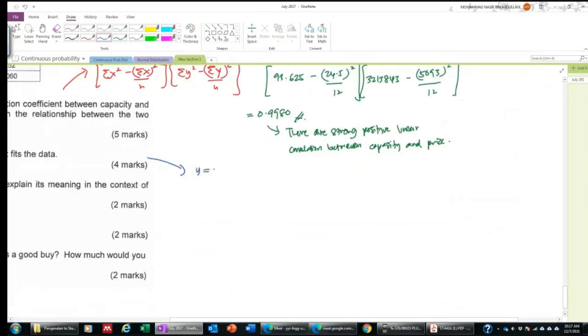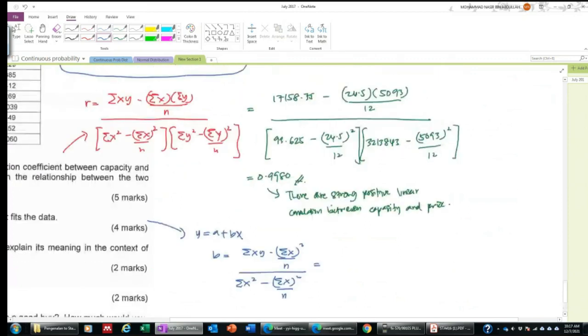So we want to find y equal to a plus bx. So b is equal to summation of xy minus summation of x times summation of y divided by n, everything divided by summation of x squared minus summation of x, squared, divided by n. So you just input the values into the formula.